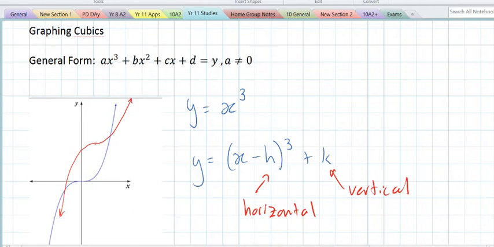That red line is just meant to be me trying to draw x cubed but transformed up and across. That point there is called a stationary point of inflection, and it comes on later on down in the notes, so don't worry. Now, this transforms the point of inflection h to the left and k up.